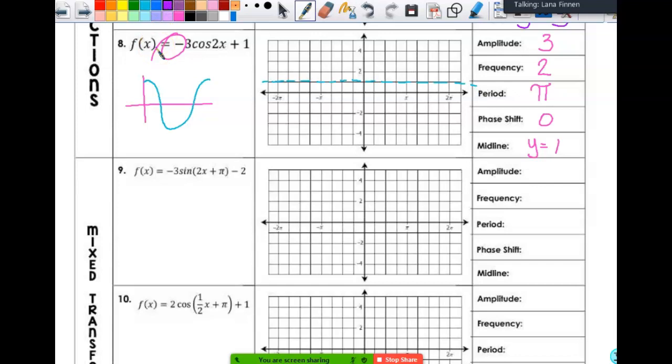I'll give you a chance to get started before I do mine so that you can double check yourself before you fill in your whole graph. So once you get your 5 anchor points, then check yourself with me.